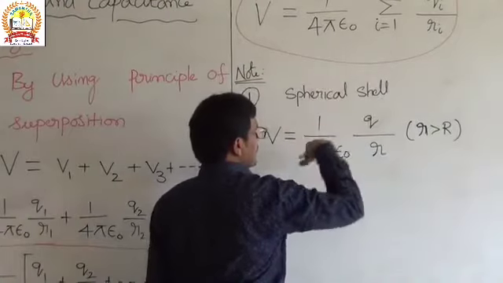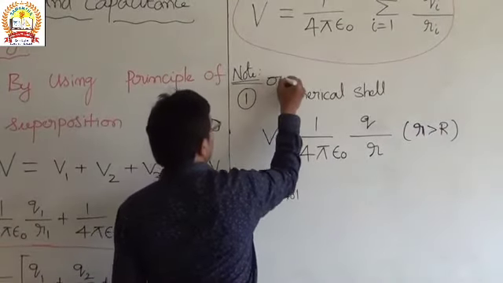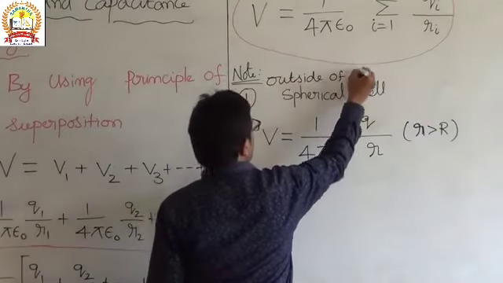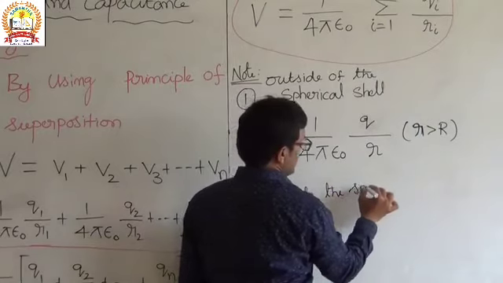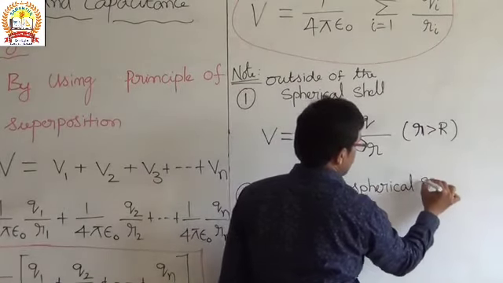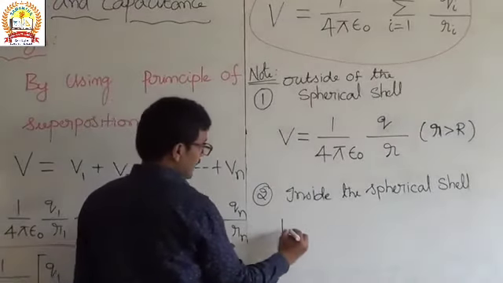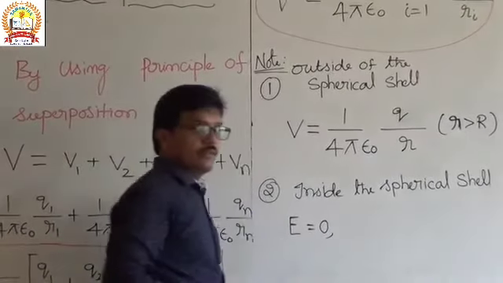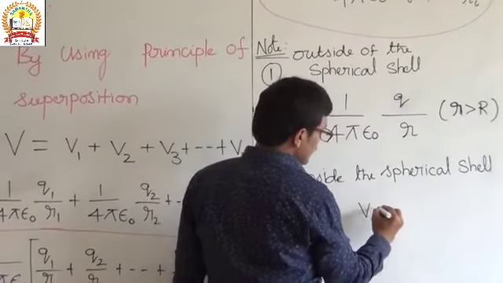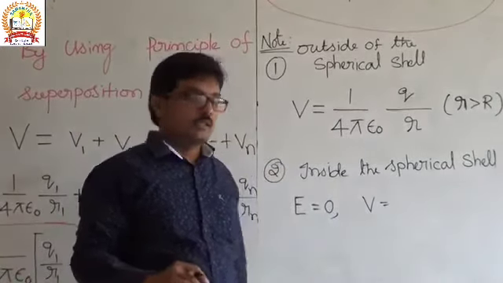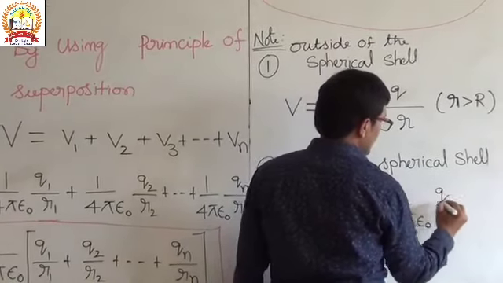On the surface of the spherical shell we get q by r, where small r equals the radius R. Inside the spherical shell the electric field is 0, whereas the potential inside the spherical shell will be constant, and the potential is equal to 1 by 4 pi epsilon naught q by r.